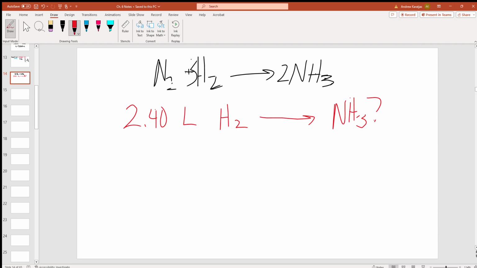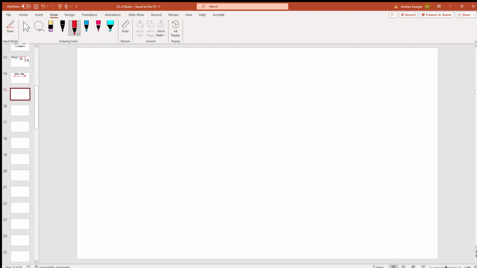So a couple different ways to do it. One is if we know our conditions. Say, for example, we're at STP. STP, defined as standard temperature and pressure, means we're at 0 degrees Celsius and 1 atmosphere.